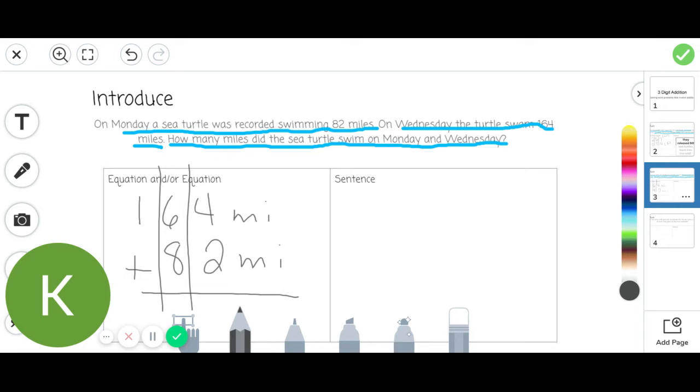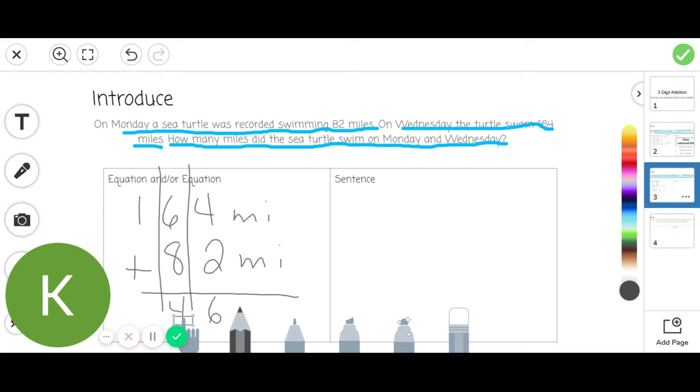4 ones plus 2 ones is going to be 6 ones. I didn't have to regroup, so I can jump right over to my tens. 6 tens plus 8 tens, on the other hand, is 14. That means there's going to be 4 tens, because there's 4 tens in 14.